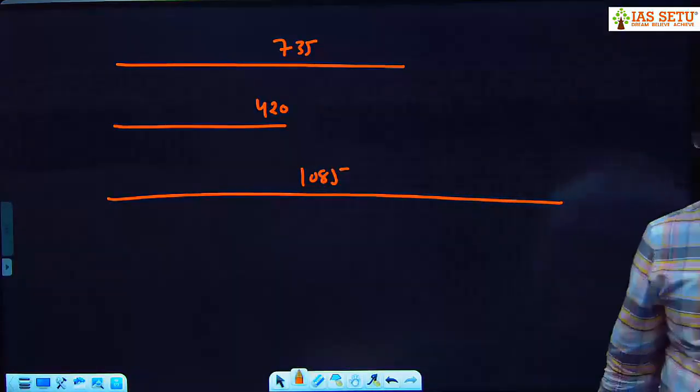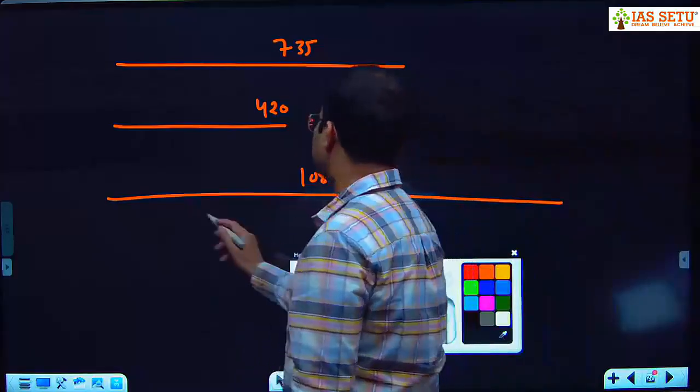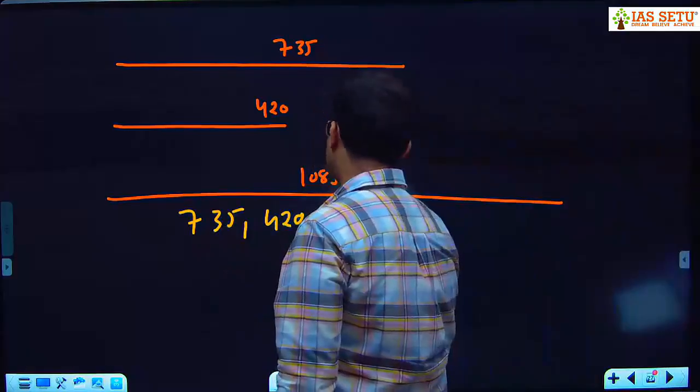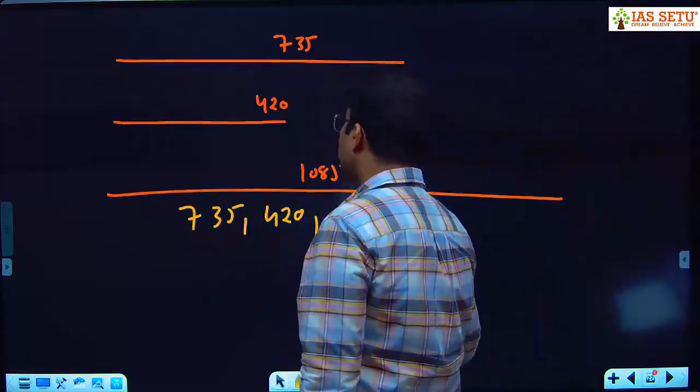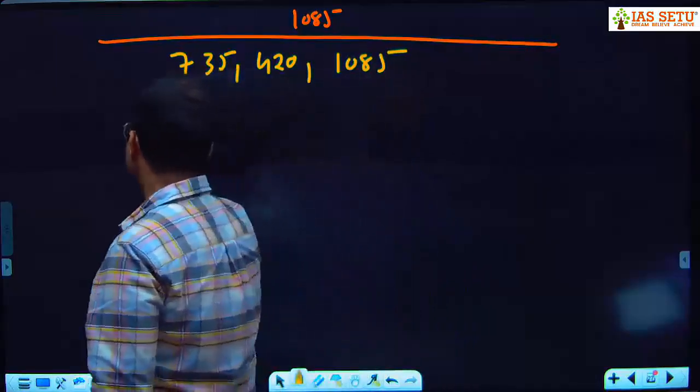Yes, many of you already got the answer 35. So we have to find what is the HCF of these three numbers: 735, 420, 1085. So you can use the division method. Largest number by the smallest number, try.